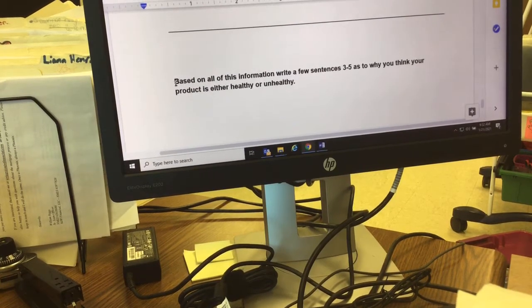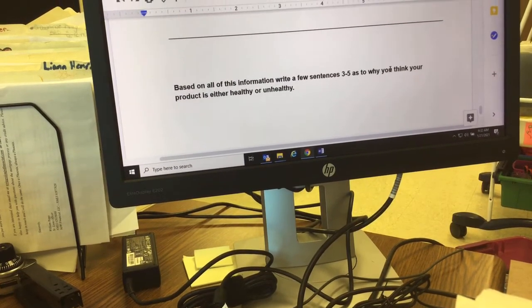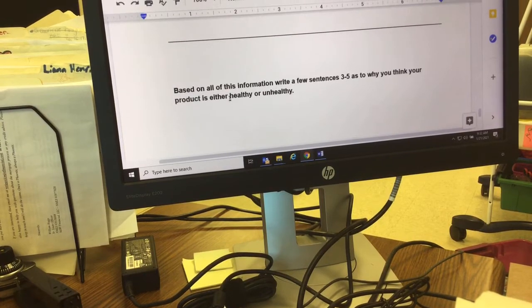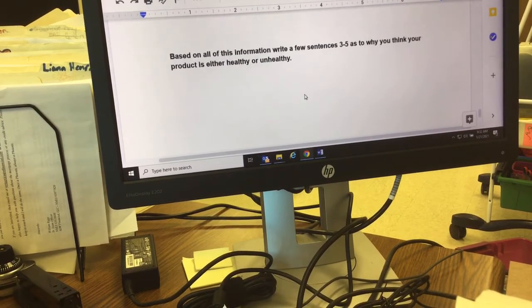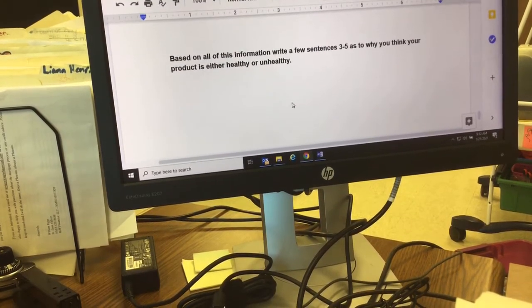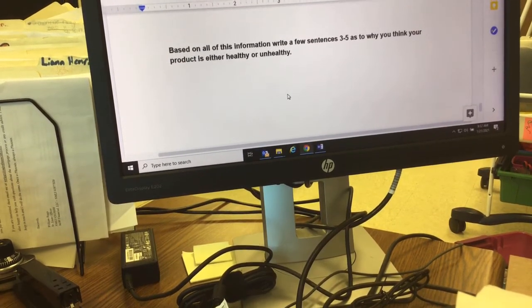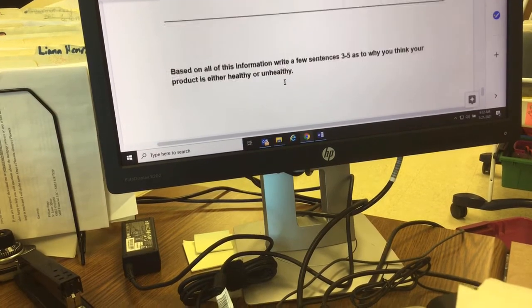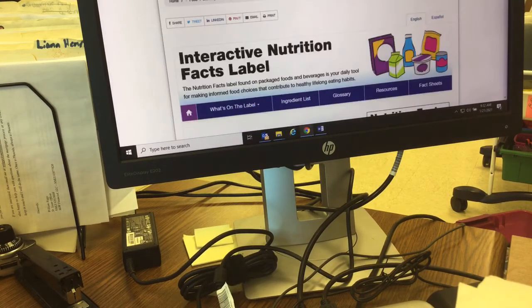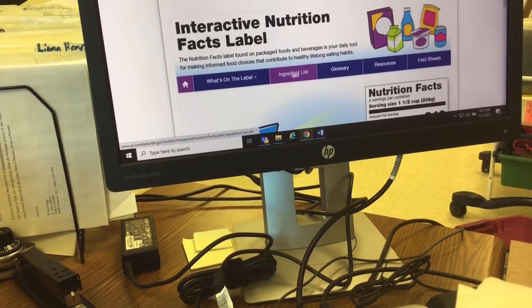All right, based on all the information, write a few sentences as to why you think your product is either healthy or unhealthy. Okay, so you're gonna just type in a couple sentences down here why you think your product is healthy or unhealthy. Okay, and I know we did not go through this website right here. It is on there and it can help you significantly.